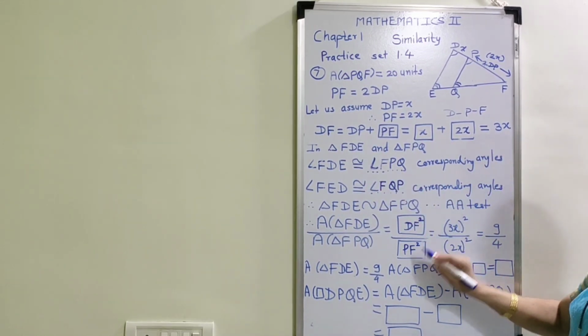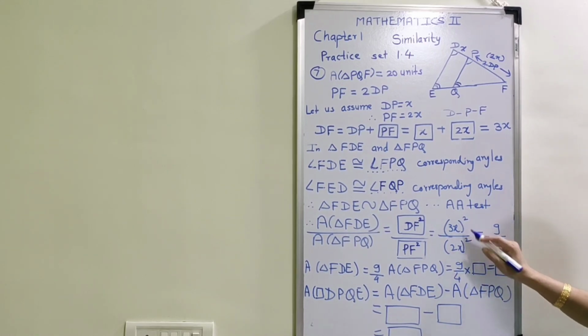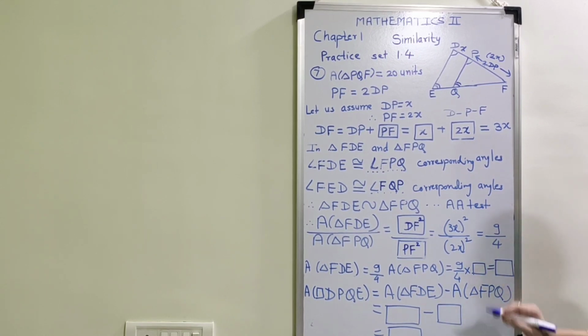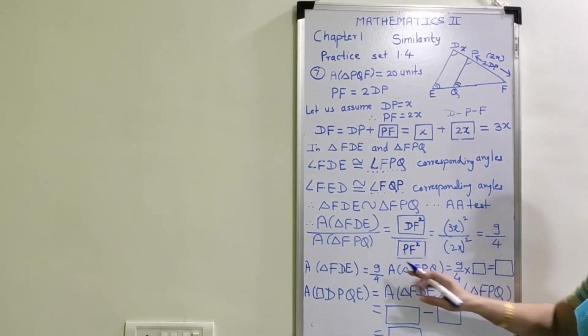DF is 3x and PF is 2x, so 3x square upon 2x square is equal to 9x square upon 4x square. X square gets eliminated. The ratio is 9:4.